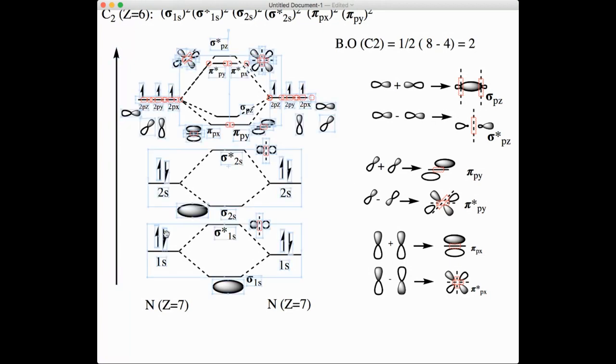Okay? So if I need to place 14 electrons, I'm going to start adding from the bottom to the top, 2 at a time, until I get to 14. So 2 here, 4, 6, 8.